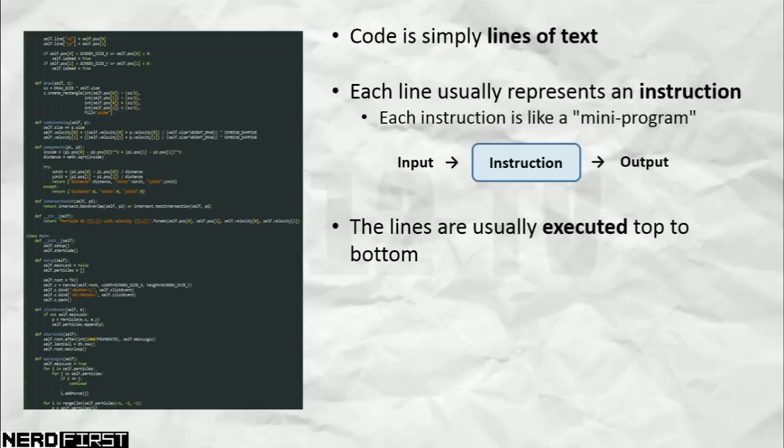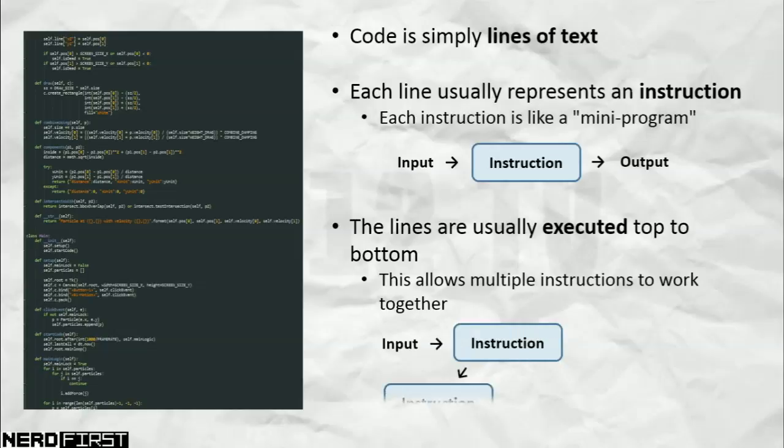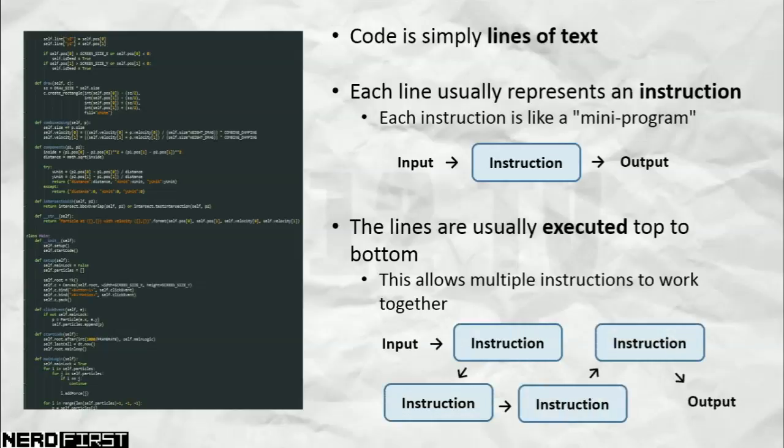So you can imagine your programming language going to each line, interpreting it, and doing the action that is indicated there. Because we do things this way, we can link up multiple instructions. Since each instruction takes in an input and gives out an output, we can chain them together. An instruction doing something would pass its output to another instruction for further processing.